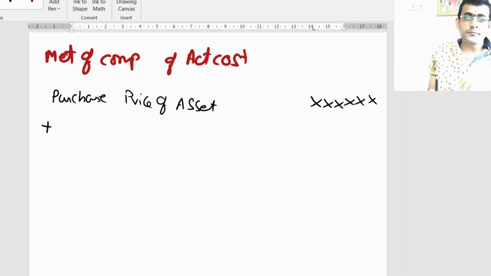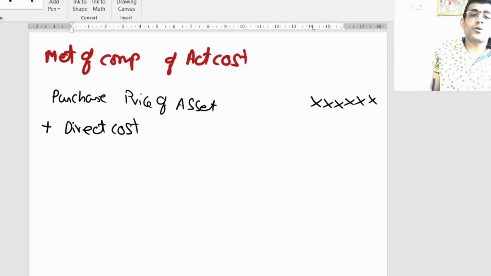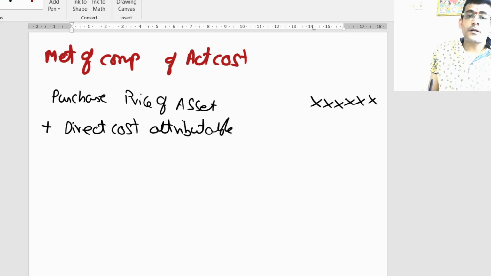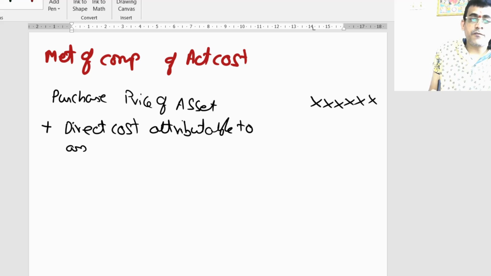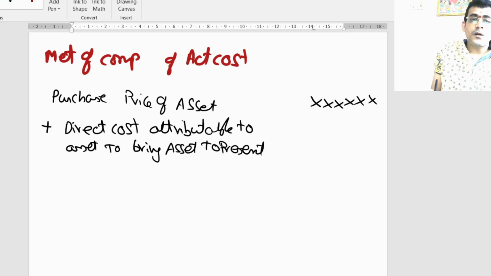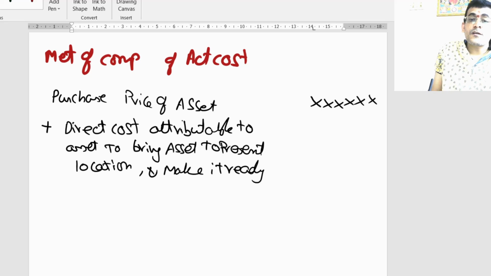So ultimately, any sort of direct cost attributable to the asset, to bring the asset to the present location and make it ready to use.